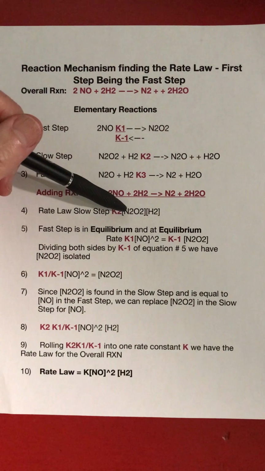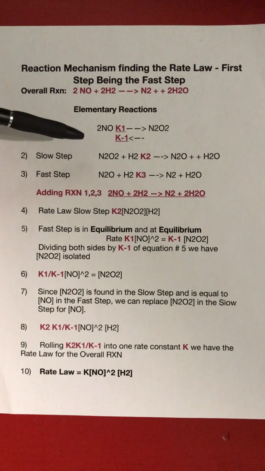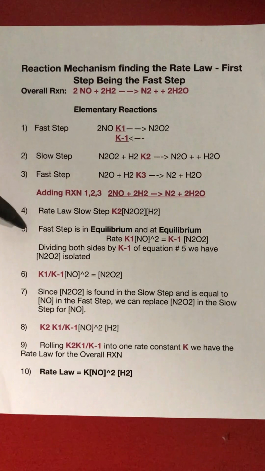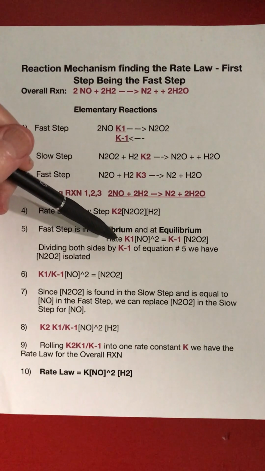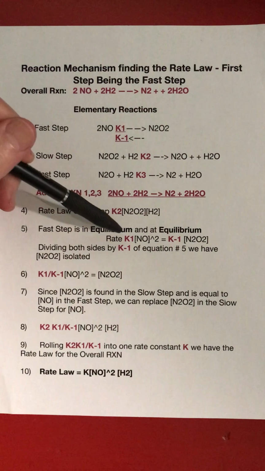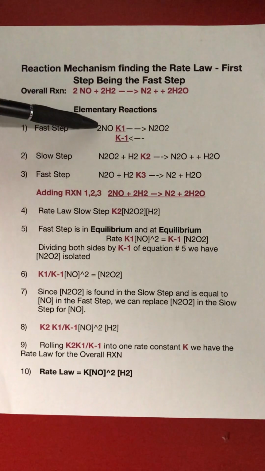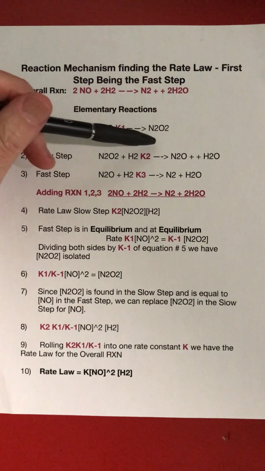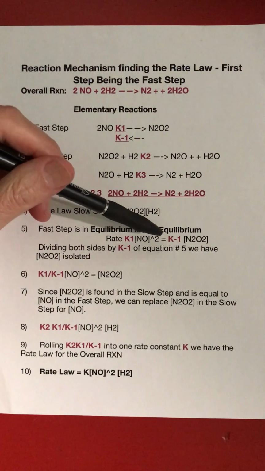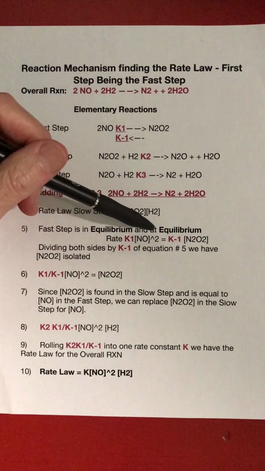So what we need to do now is look at equation number 1, the first step being the fast step. This happens very quickly, and it's in equilibrium. So looking at number 5, the fast step is in equilibrium, and at equilibrium, the rate, K1, its rate constant, times the concentration of NO raised to the power of 2, its coefficient, equals K minus 1, the reverse reaction, times the concentration of N2O2 raised to the power of 1.